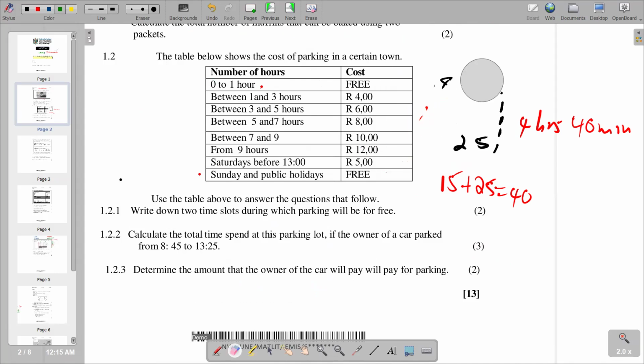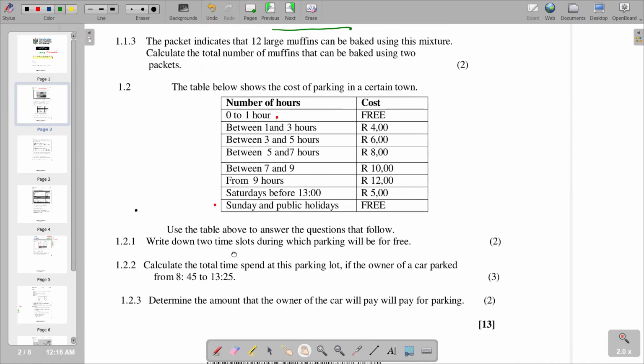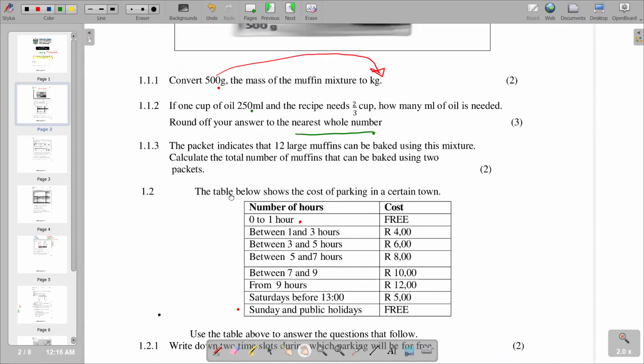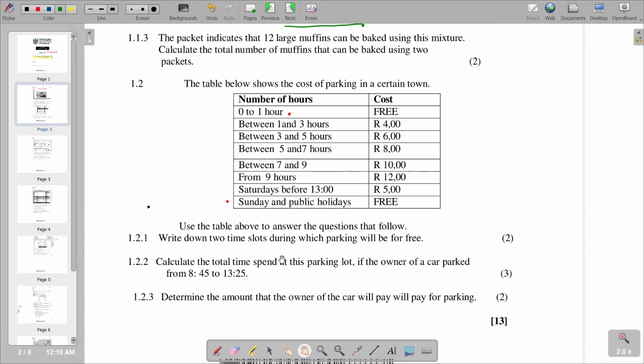Very important, remember we have calculated the total time taken, so that we can work out the number of hours. Once we have the number of hours, we can identify the cost. We have the costs in one column and the number of hours in the other column. From there we can deduce the answer.